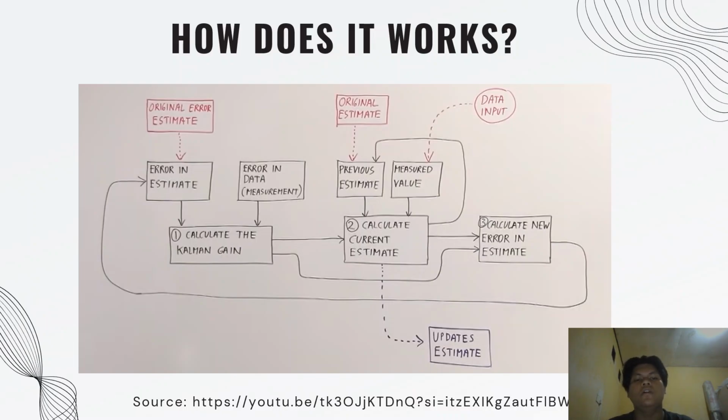And also in equation number 2, the output will be the updated position estimate that shows us where the robot is. This process keeps repeating when we get new data and predict our new position, close to our real position.